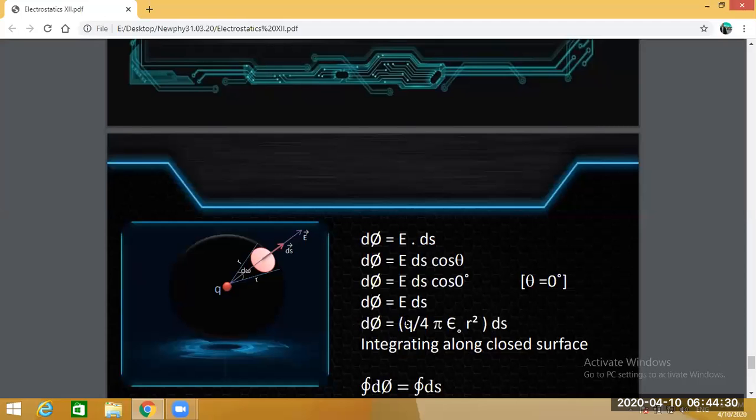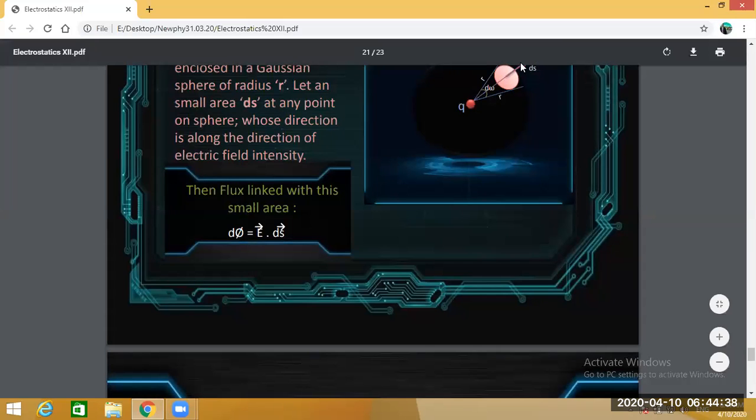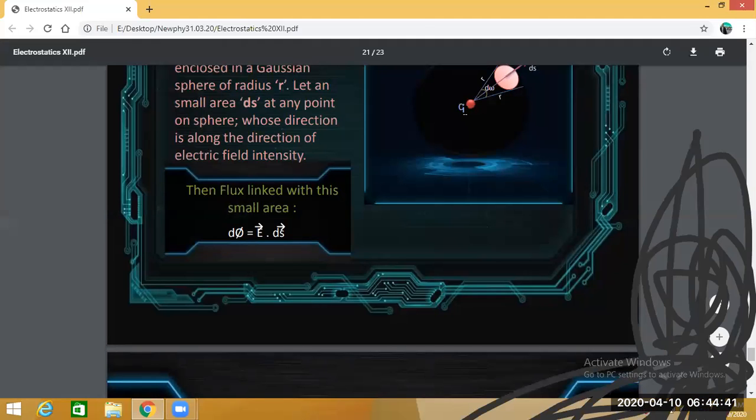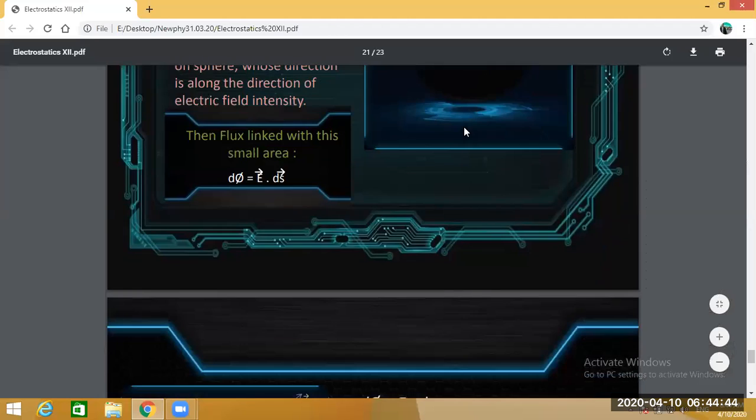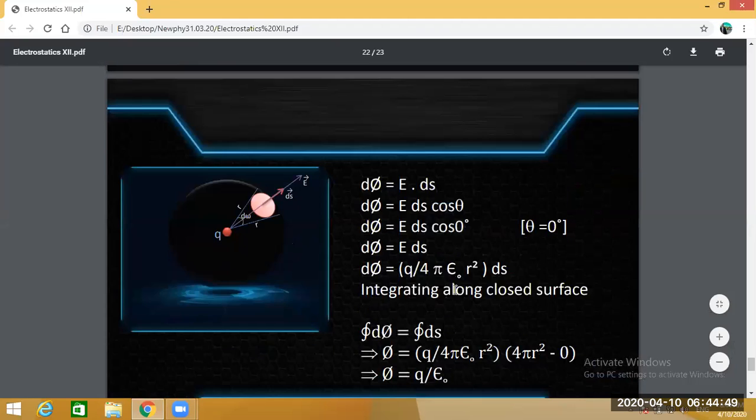putting the value of the electric field at this location. As we are dealing with this point, which is situated at a distance r from this charge, the electric field at this elementary surface will be k q upon r square. Here it is q by 4 pi epsilon naught r square. 1 by 4 pi epsilon naught we could call k, but we have placed the whole expression. So Q by 4 pi epsilon naught r square, where q is the total charge enclosed by the sphere, into ds.